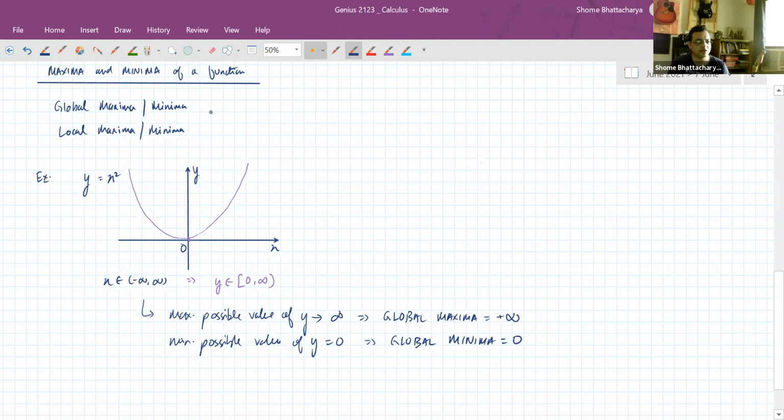Global maxima and minima are the overall maximum and minimum values of the output of the function.